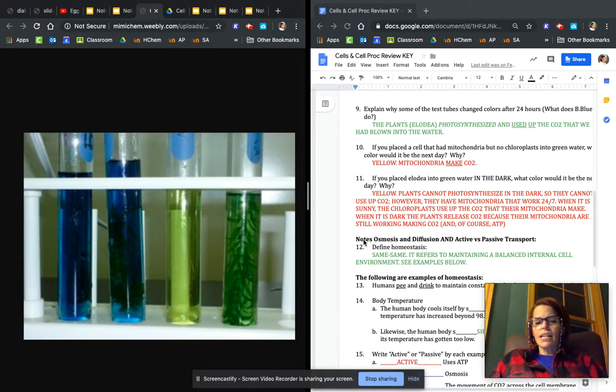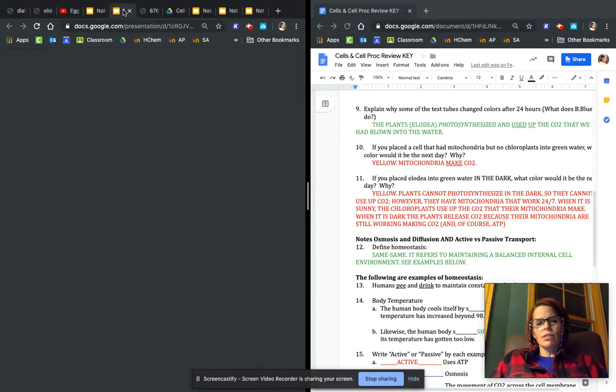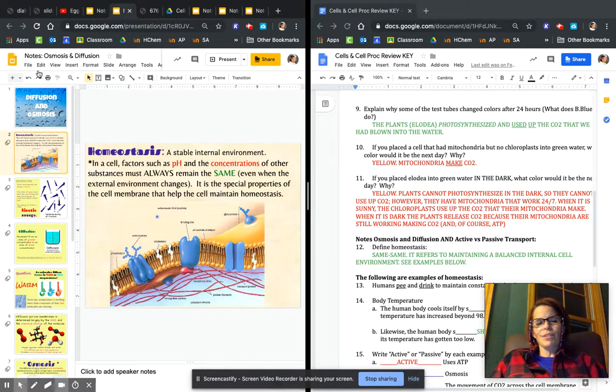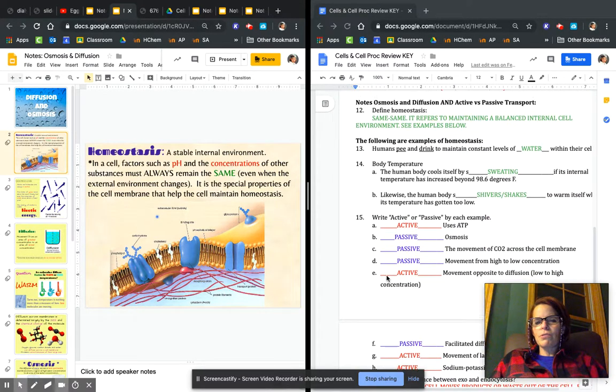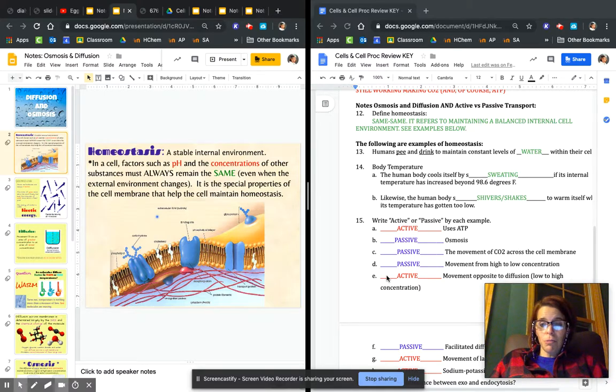All right, next, notes from osmosis, diffusion, and active transport. So that's this set of notes right here as it comes up. There we go, the diffusion, osmosis, and the following ones. So the first thing it says is define homeostasis. Remember, the prefix homeo means same, and the suffix stasis means same. So it's maintaining this stable internal environment or balance within the organism.